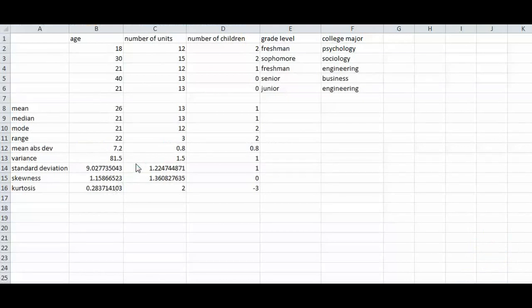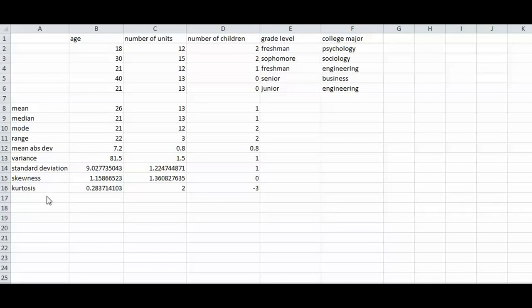This is the data set that we were looking at in one of the other videos. It's just a data set with some made up data values. And I showed you how to calculate all of these values with these 3 columns of data. And I didn't explain the values for skewness and kurtosis, meaning I didn't show you how to calculate those values by hand, because I just wanted you to understand the idea behind what those values are showing.